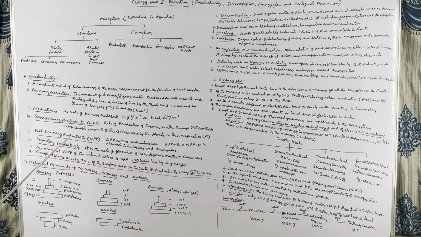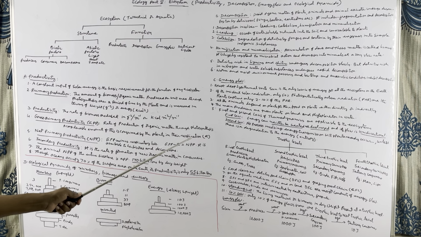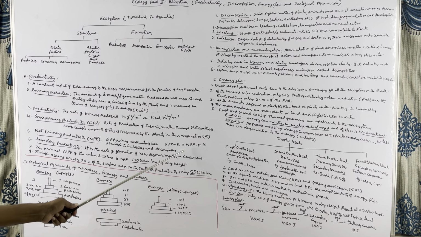Then, what is the net primary production? Gross primary production means the total amount of food synthesized by the green plants, or the total amount of biomass synthesized by the plants. If you deduct the amount of energy lost through respiration, then we obtain net primary production.